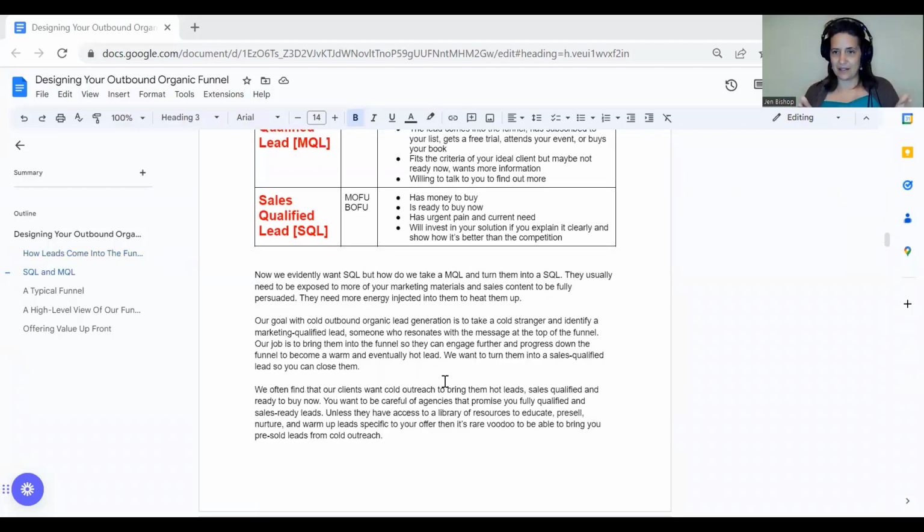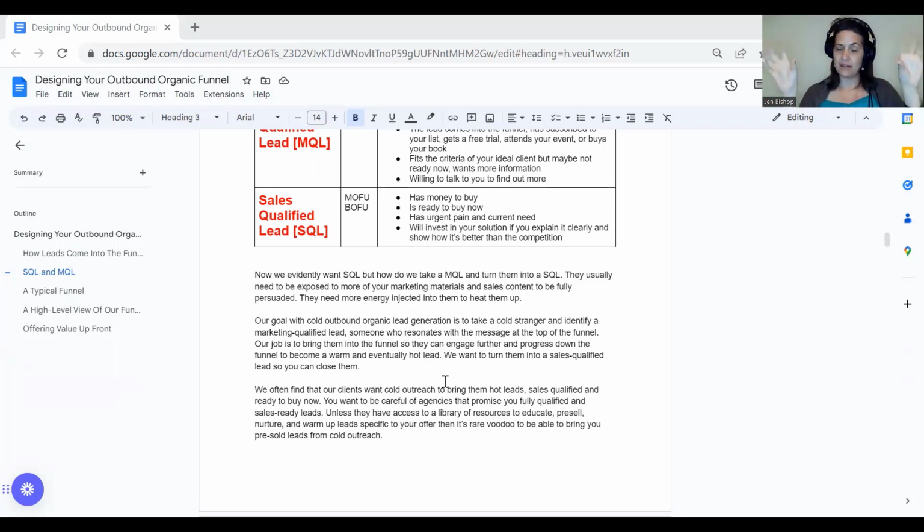Every business wants sales qualified leads. So how do we take a marketing qualified lead, someone we might reach out to cold, and turn them into a sales qualified lead? Usually it's because they need more energy, more heat, right? They need to be exposed to more of your marketing materials and sales content to be properly persuaded. Our goal when we are building an outbound funnel is to take a cold stranger, someone out in the world.